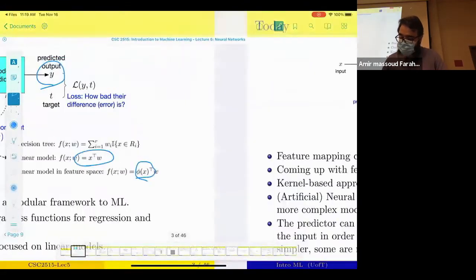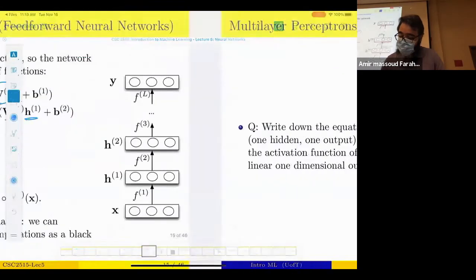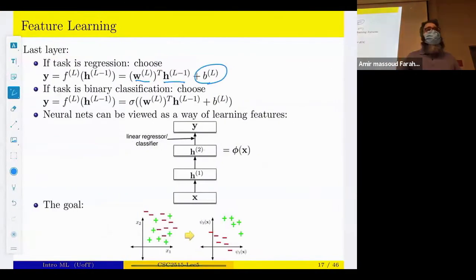One of the motivations for neural networks is to try to learn these features, these phis, in an automatic way, instead of specifying it. And we can see that essentially a neural network, this structure, we can think of it like this, that the input goes to a bunch of layers, and in the last layer, it becomes some function phi of x.